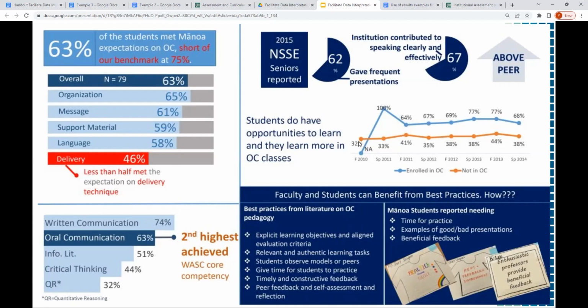The yellow line represents the percentage of students who reported moderate to very much amount of learning when they enroll in non-oral communication courses. We are comforted by the fact that a third or more of the students still experience learning in oral communication, even though they did not enroll in oral communication courses. But most of the students experience learning in those OC designated courses.